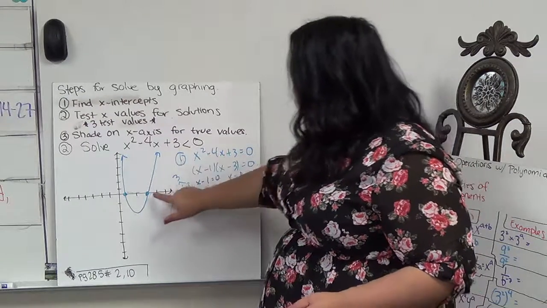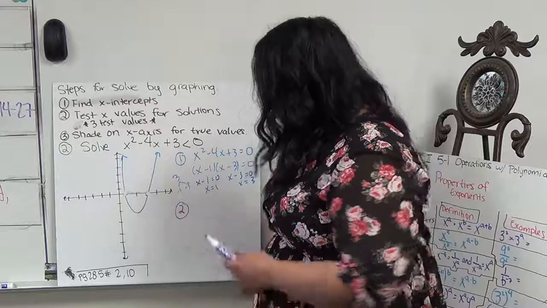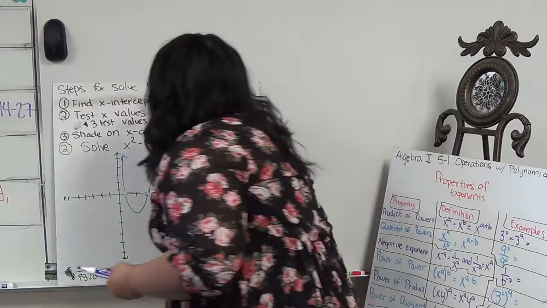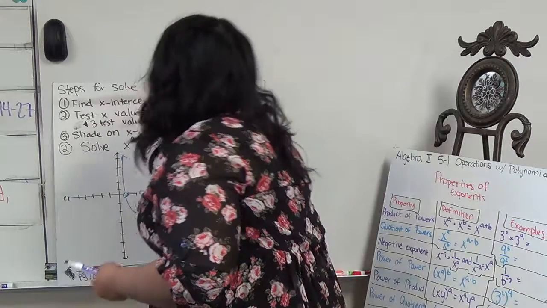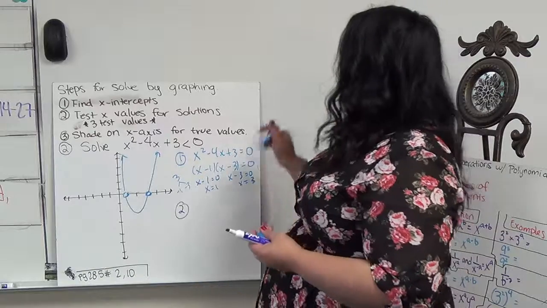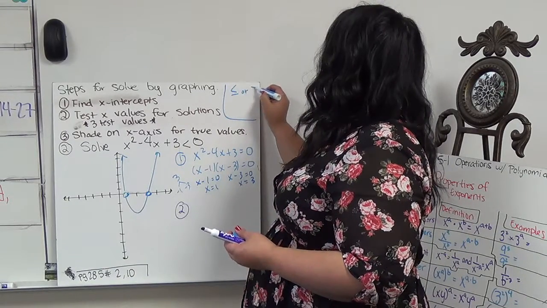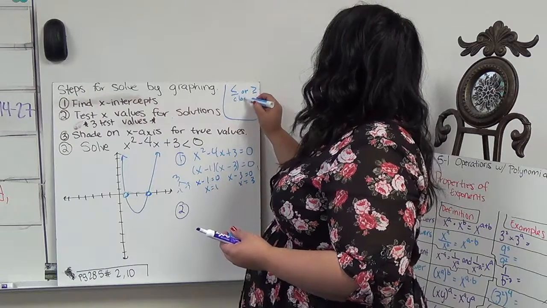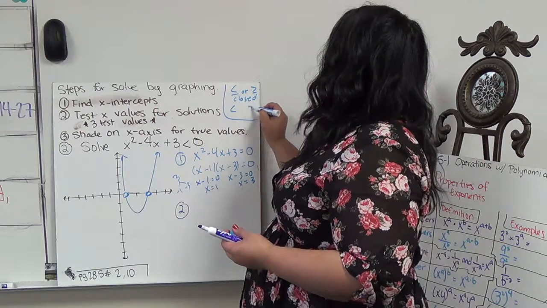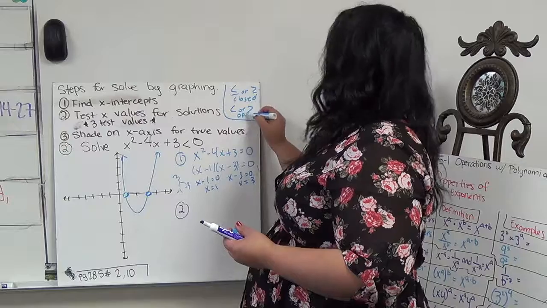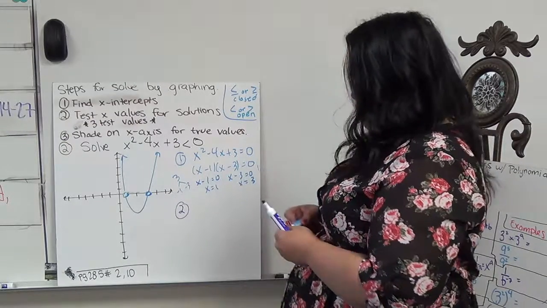Now, this doesn't have a line underneath, so what I needed to do was make an open circle, right? So, just a reminder, this is closed, and this is open. So this needs to be an open circle.